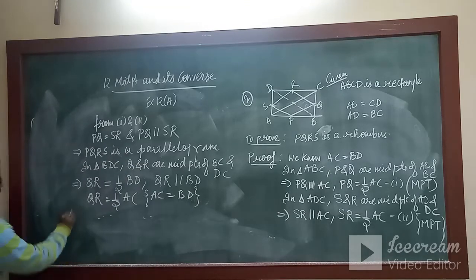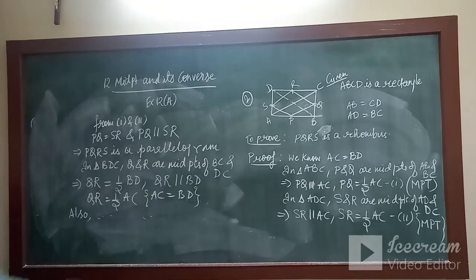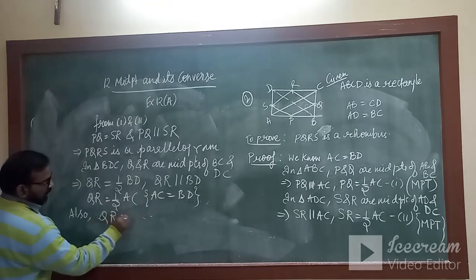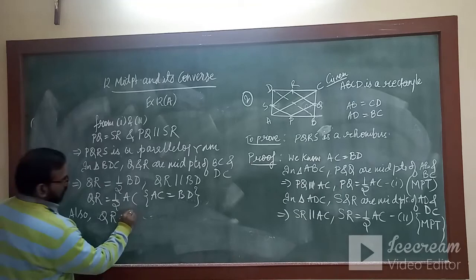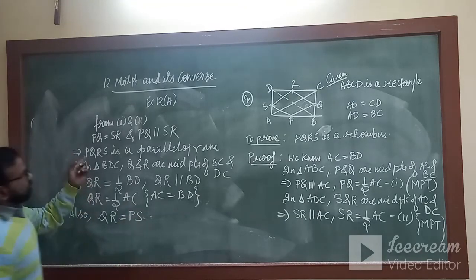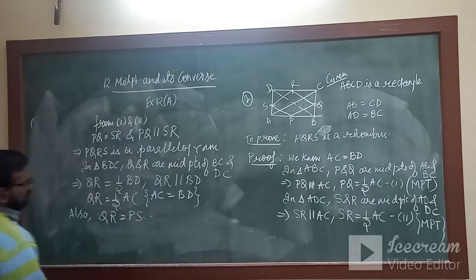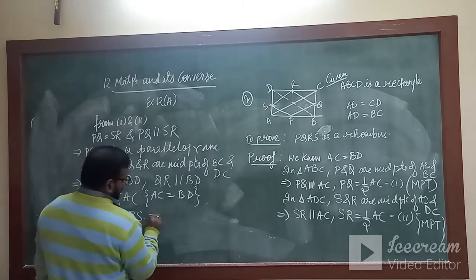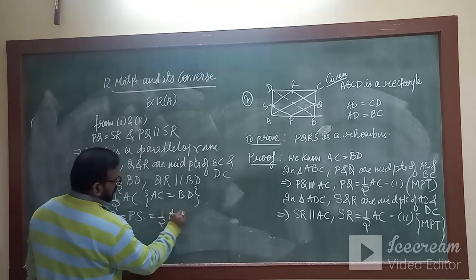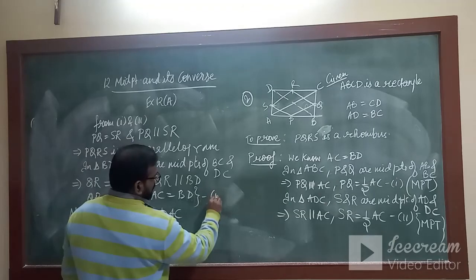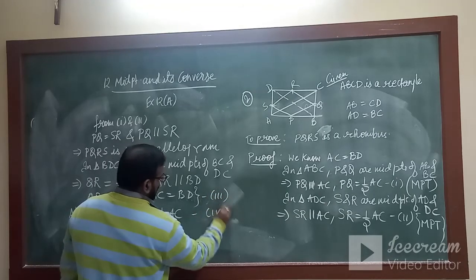Also, what we know? QR equal to PS, because we have already proved that PQRS is a parallelogram. So again we can write it as half of AC. So let it be 3 and 4.